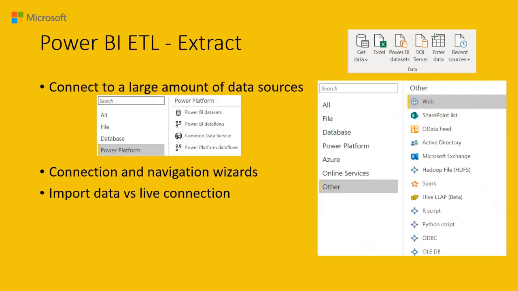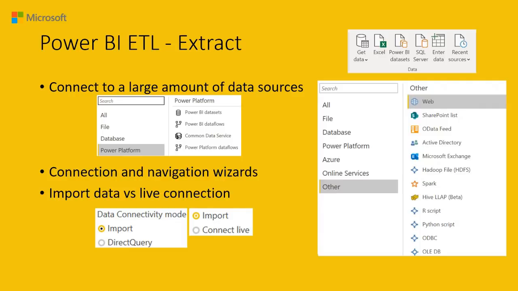It's possible to import data to Power BI Desktop, which allows us to combine different data sources and later use all the possibilities and functionalities of DAX and tabular models. Or we could decide not to import any data and query directly from relational data, using DirectQuery for relational data, or Connect Live for an Analysis Services database.